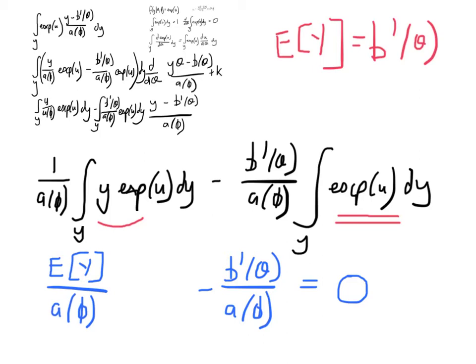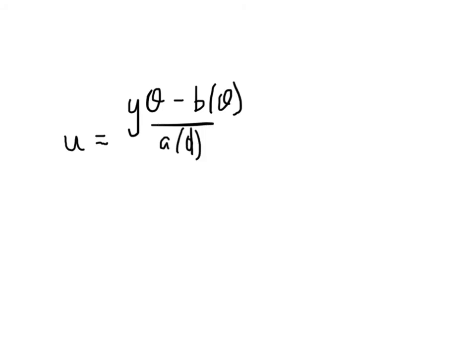Okay, so we're going to continue with the basic idea that wherever we write u, we actually mean to write y theta minus b of theta all over a of phi plus c of y and phi.